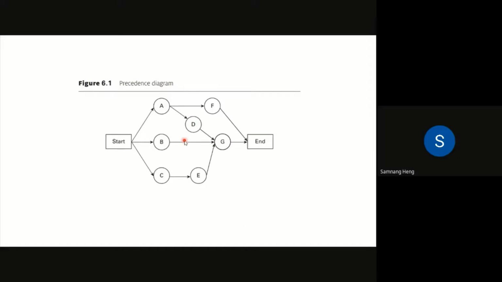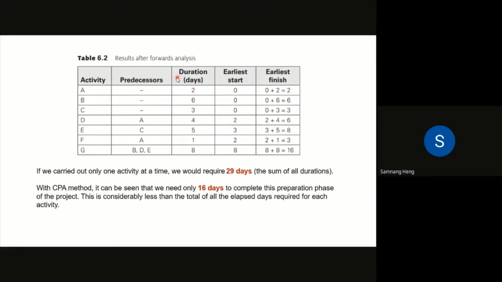But if you follow this strategy here, you know the duration of each task, activity A, B, C, D, the predecessors here, the duration of each task, start earlier, you add them up, and you could finish the project in just 16 days. 16 days. So do we save time? Yes, we do.